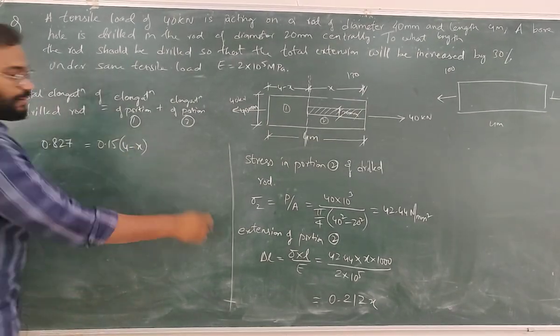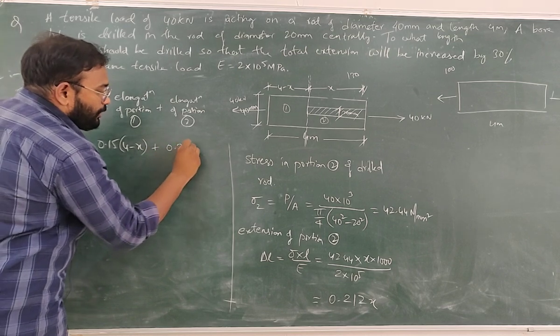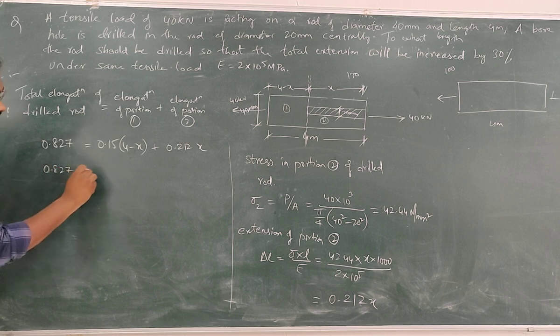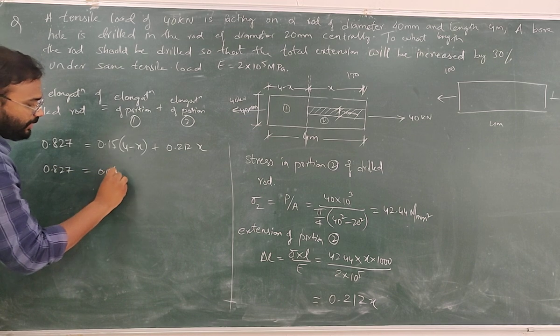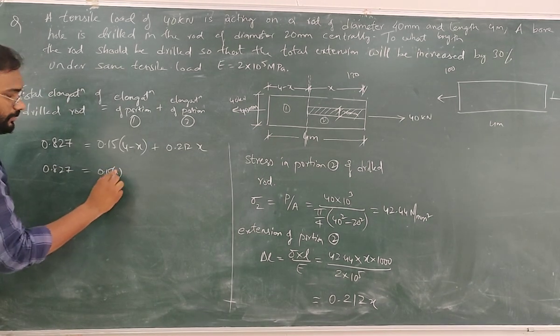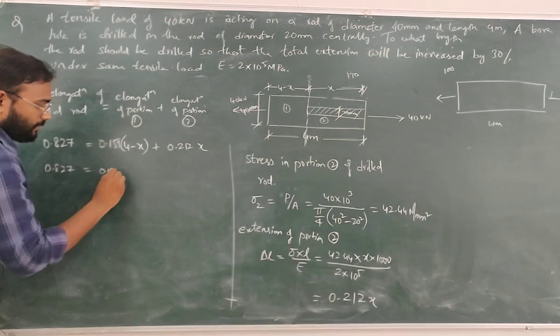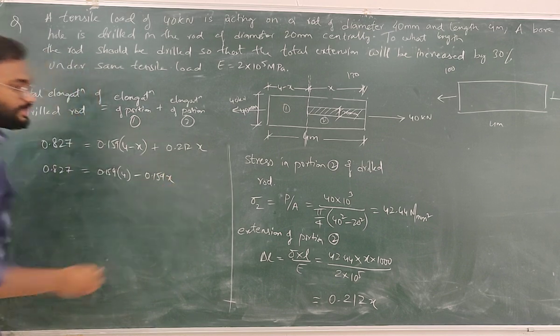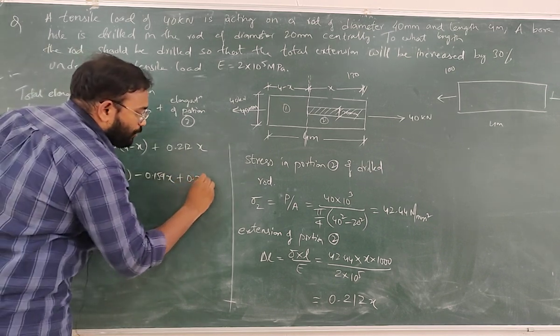Now what is the elongation of portion 2? 0.212x. So 0.827 is equal to 0.159 into 4 minus 0.159 into x plus 0.212x.